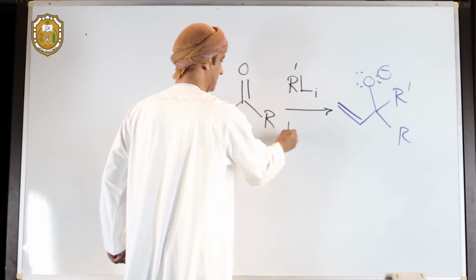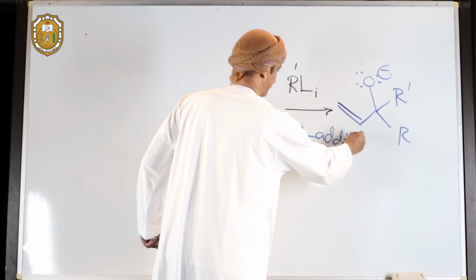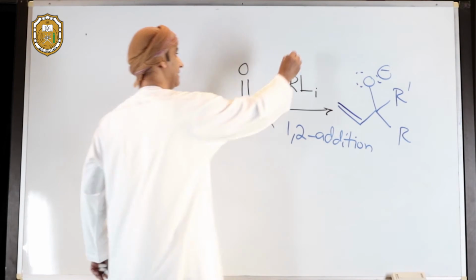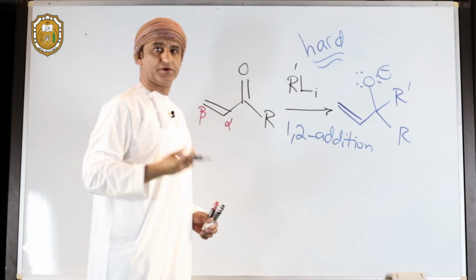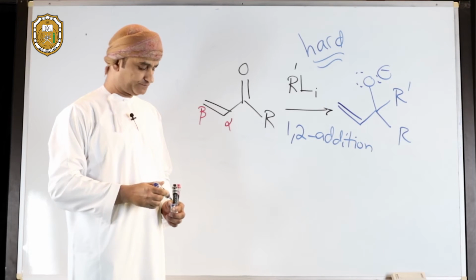Okay, so this is an example, therefore, of a 1,2 addition, or a nucleophilic addition of 1,2 type. That's when the nucleophile is hard or strong, a strong nucleophile or a strong base.